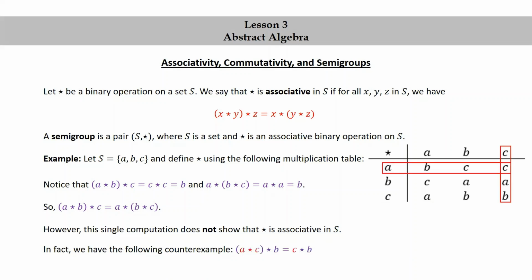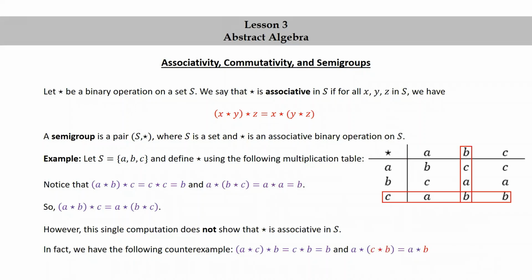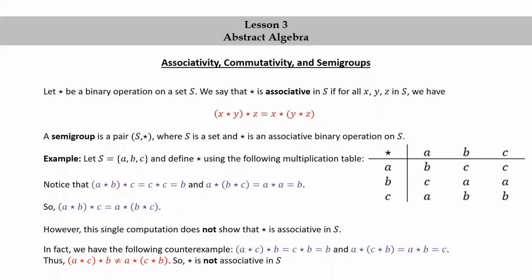(A star C) star B is equal to C star B, which is equal to B, and A star (C star B) is equal to A star B, which is equal to C. Thus, (A star C) star B is not equal to A star (C star B). So star is not associative in S, and therefore (S, star) is not a semigroup.